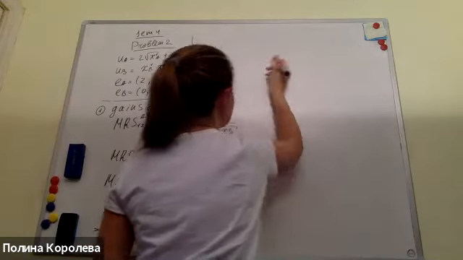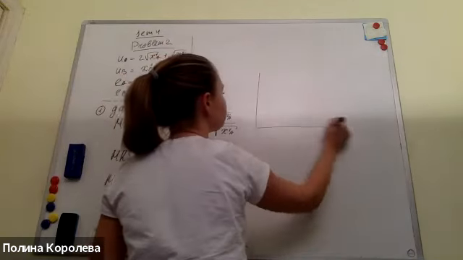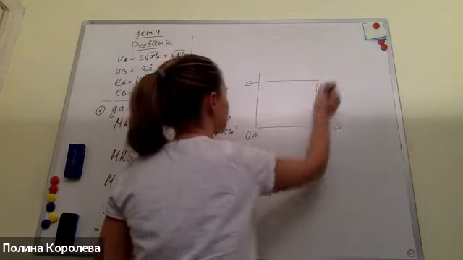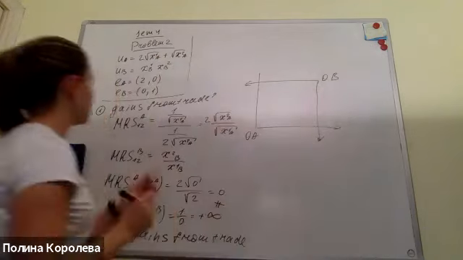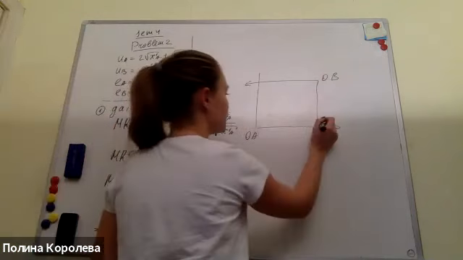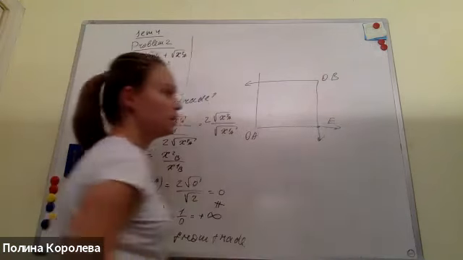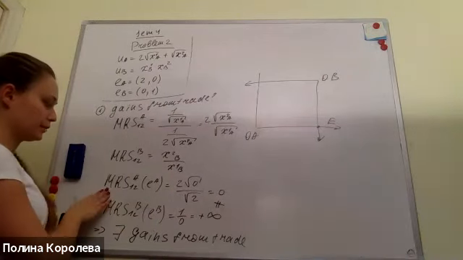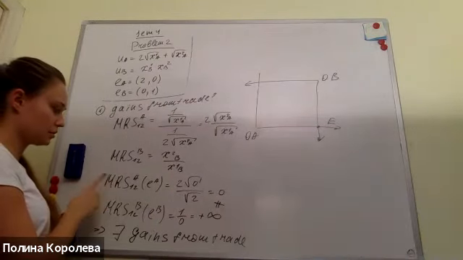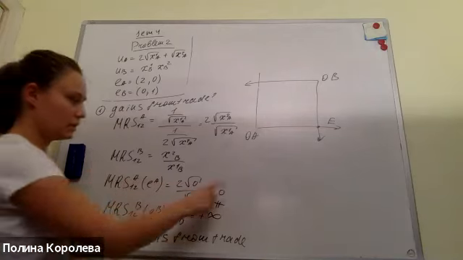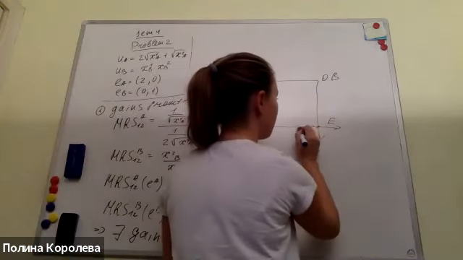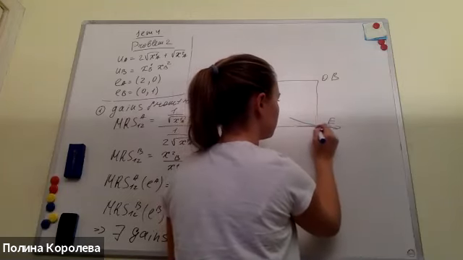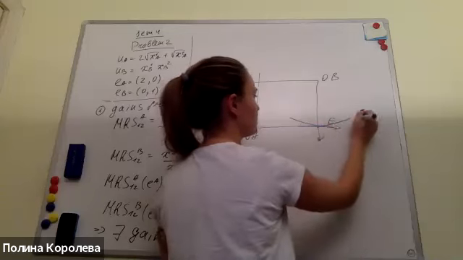I will draw the sketch and then erase it. This for A, this for B. Initial point 2, 0, so it will be here. This is the endowment point. The slope of the tangent line to the indifference curve for individual A is 0, so it's horizontal. The indifference curve will look like this.